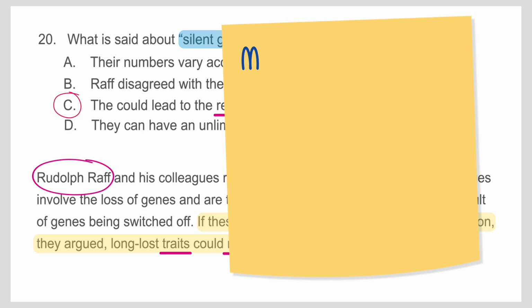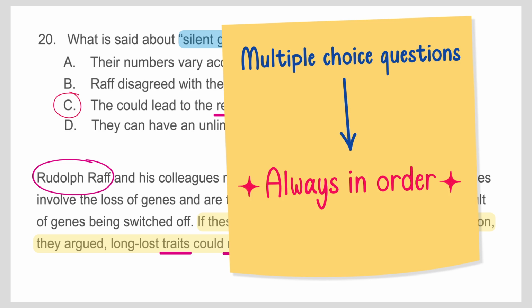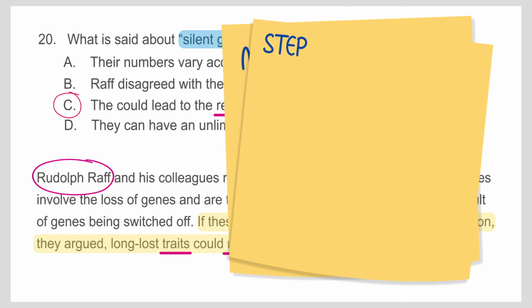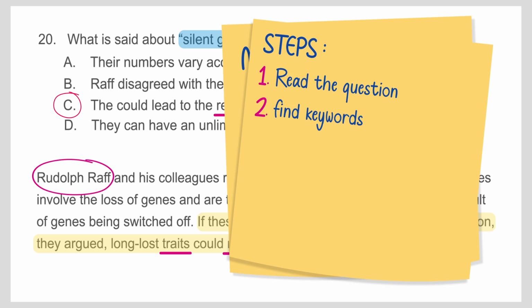You know, because multiple choice questions are always in order, it is pretty easy for you to find the answer for this type of question. What you do first is that you read the question, just the question, right? And then you find keywords and try to locate the keywords in the text. Once you find that keyword, you read that line or the line before that in which that keyword is included, all right?